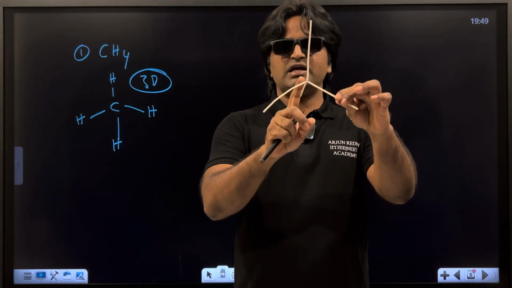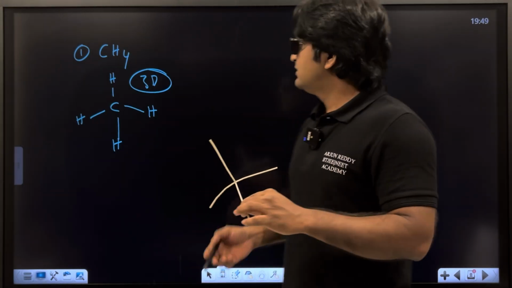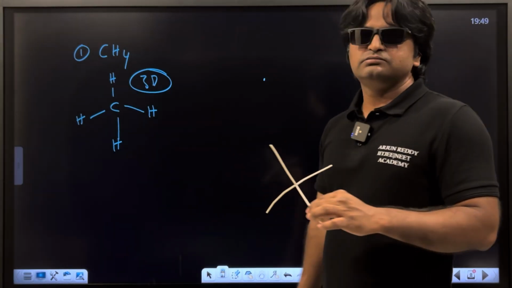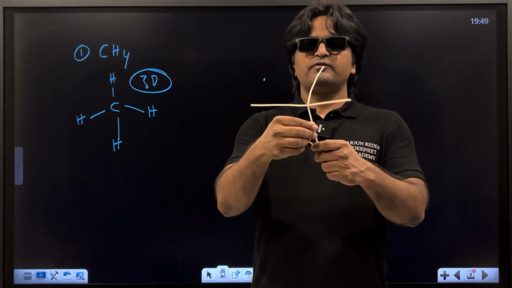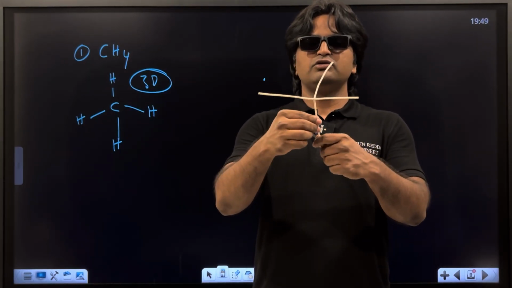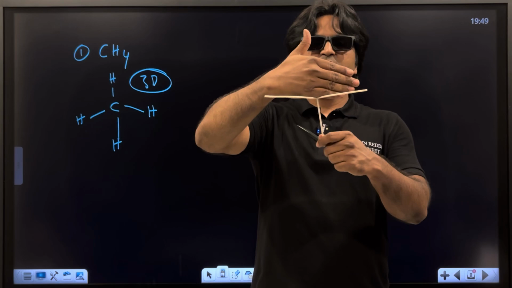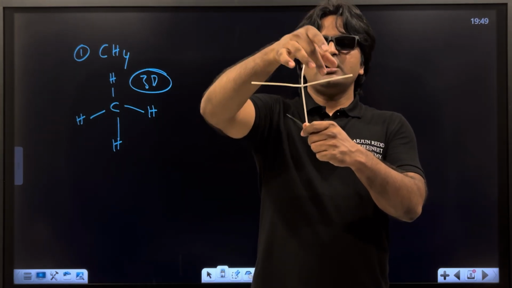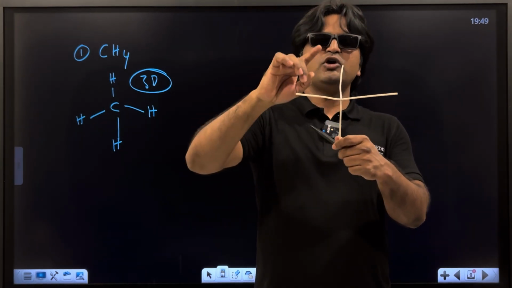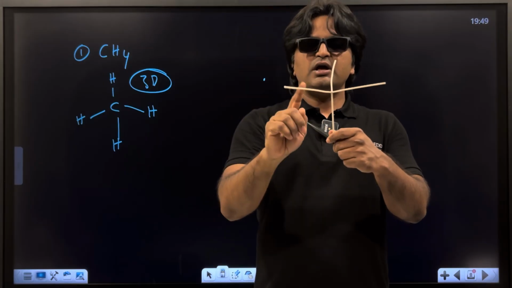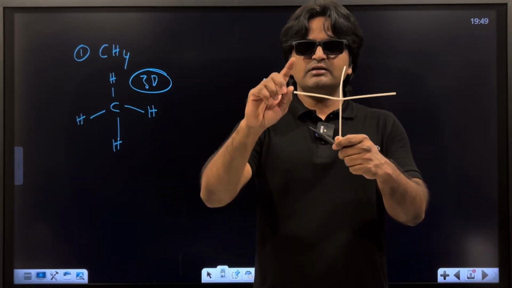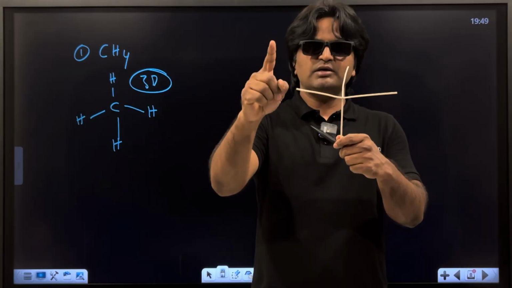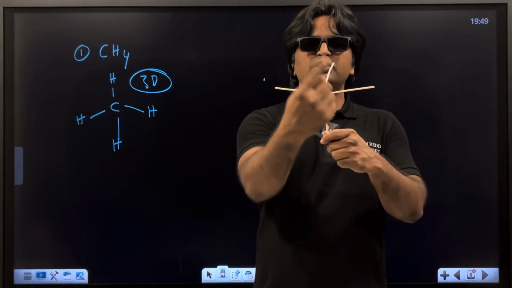Here, how many central atoms are there? Only one central atom, carbon. For example, if the direction of the plane is like this, according to this plane, if you observe from your side, how many bonds are nearer to the observer?